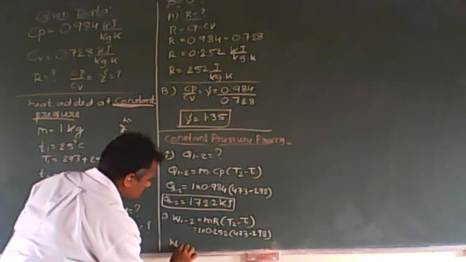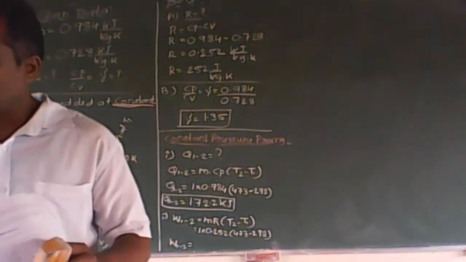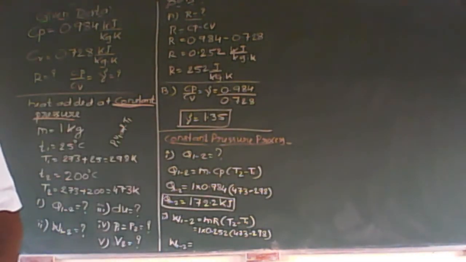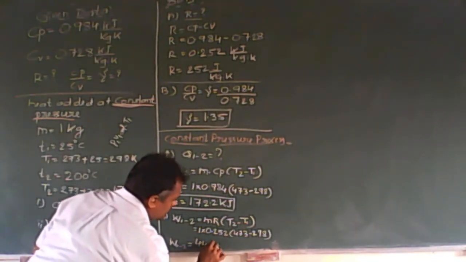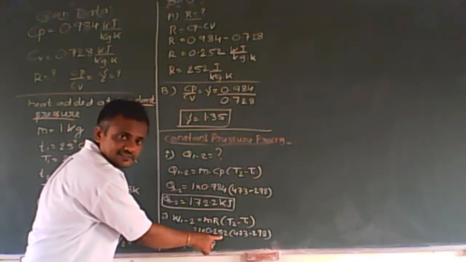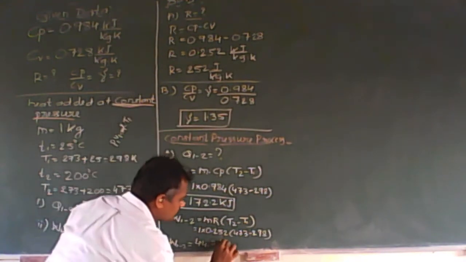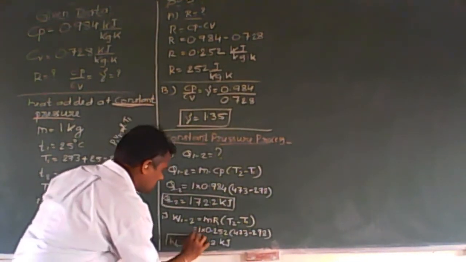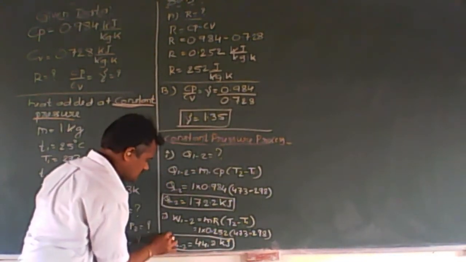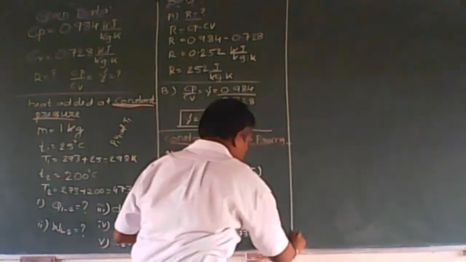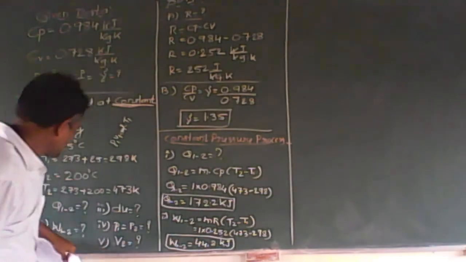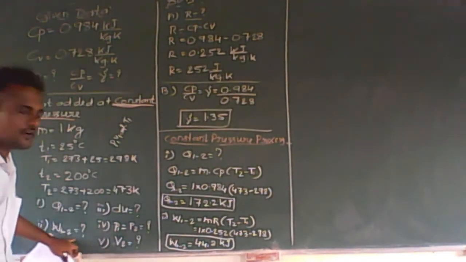Work done 1 to 2 is equal to 44.8. As I said, R is in kilojoules per kg Kelvin, therefore you will get the work done in kilojoules only. So this is the second part, work done, which we have calculated.